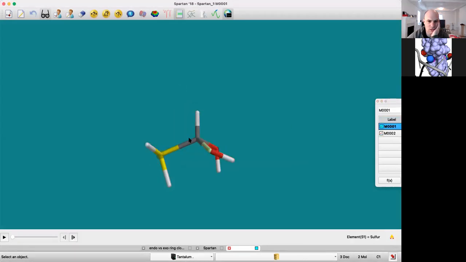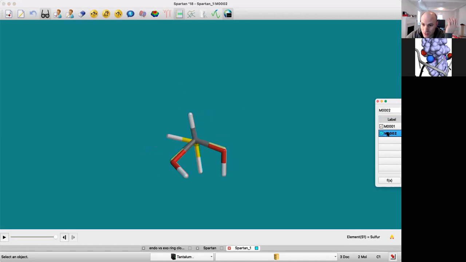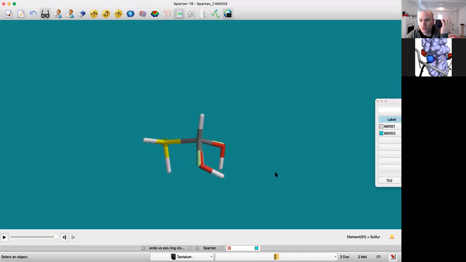Yeah, perfect. So you can see it. These are the two molecules on top of each other with the sulfurs and the hydrogens lined up, and you can see that the fluorines and the oxygens are not correctly aligned. So there's one, there's the other, there's the superposition. The point is that no matter what I do, I can't align these two molecules, can't superimpose them. And that is the definition of an enantiomer.